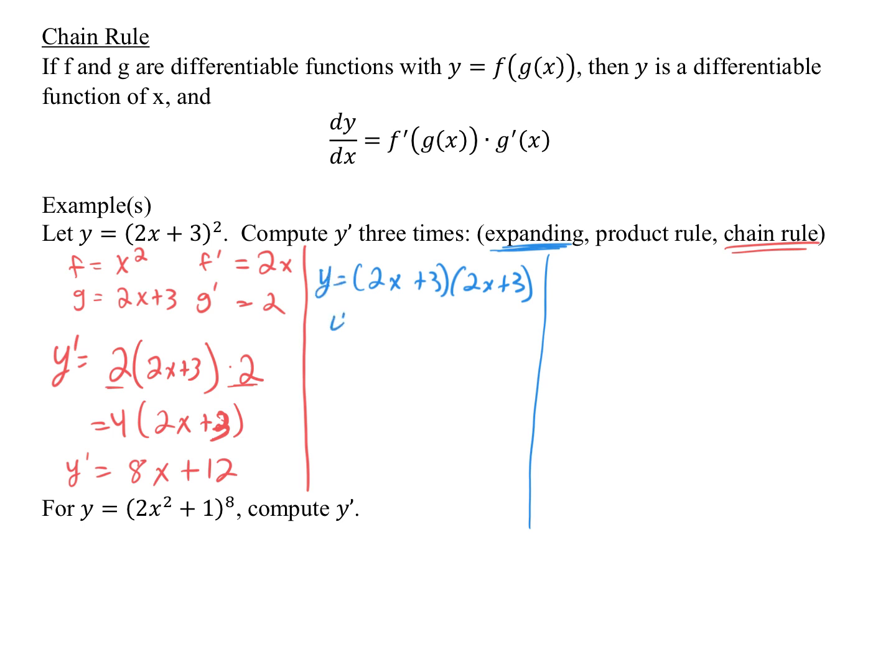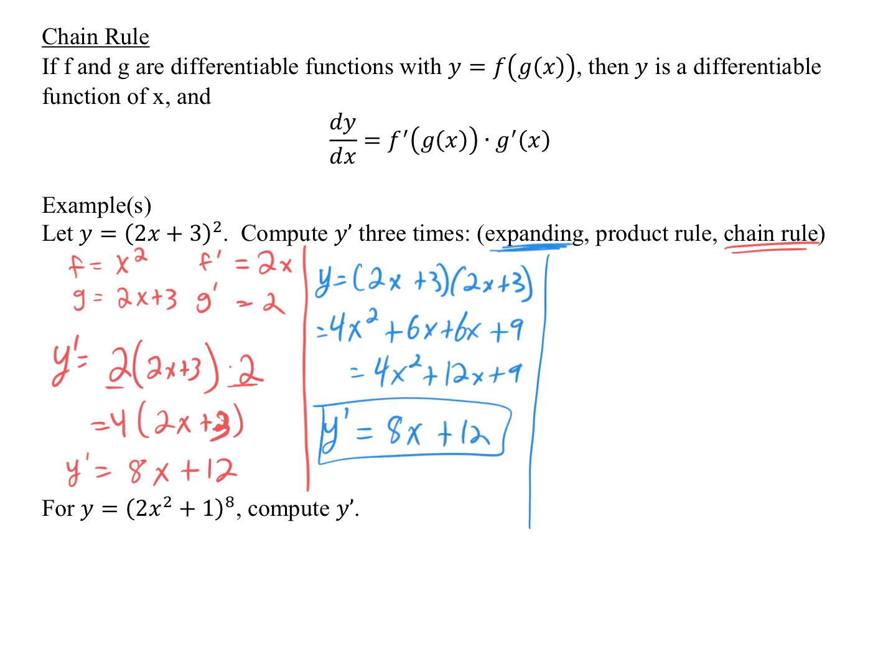If we FOIL this, we get 4x squared plus 6x plus 6x plus 9. So y is equal to 4x squared plus 12x plus 9. And then you could compute y prime because it's all simplified now. So y prime is 8x plus 12, and then we're done. Okay, let me box all of my answers in.